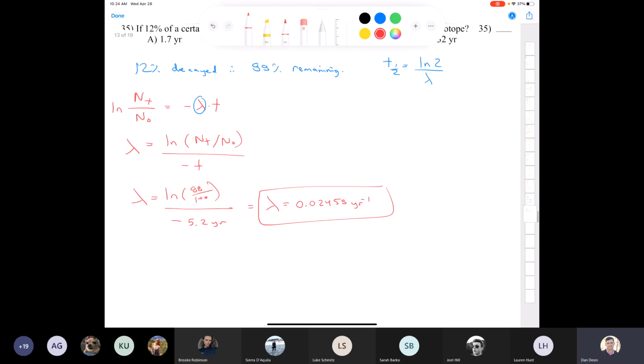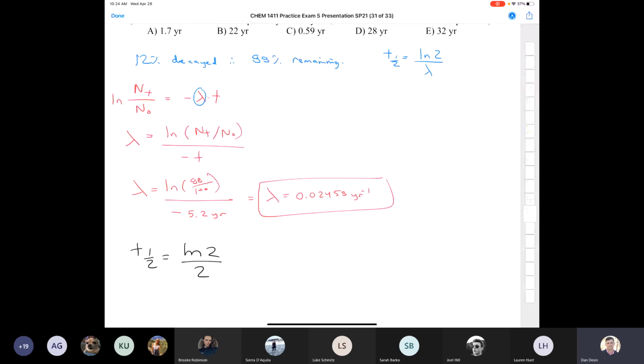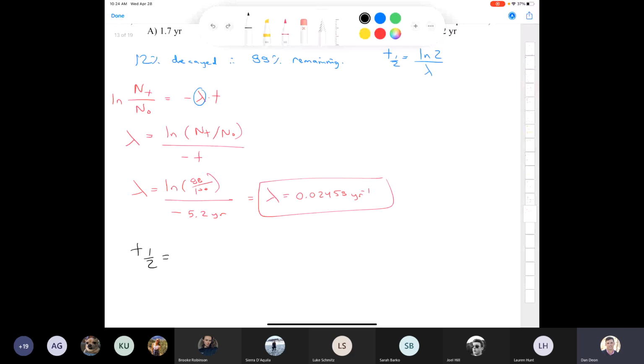So now I can use my formula for half-life, and I can say that the half-life is equal to the natural logarithm of 2 divided by lambda. So I get 0.693 divided by 0.02458.